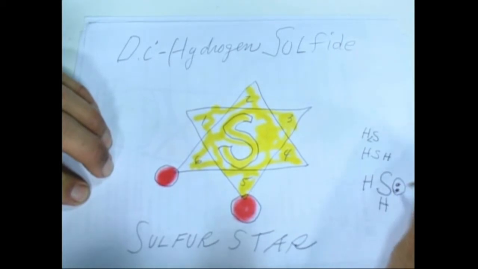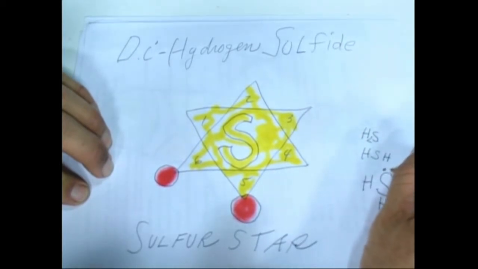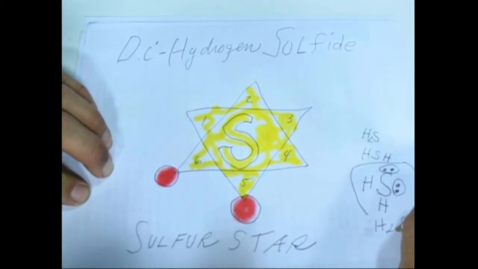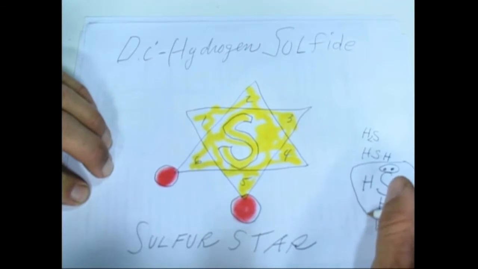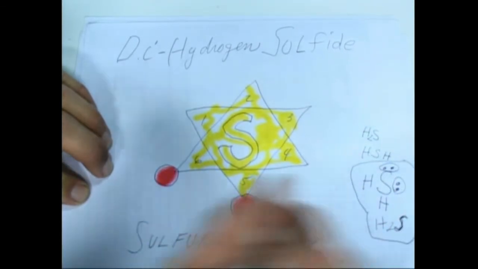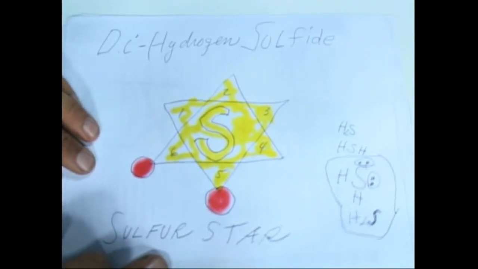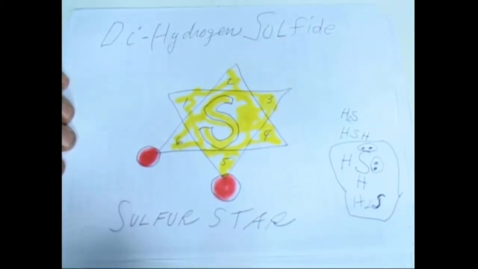I always circle them because it just makes it easier to distinguish them. So see how H2S, I'm writing this sideways, that's why it's so hard. H2S is just like H2O. It's going to be bent. Do you see that?